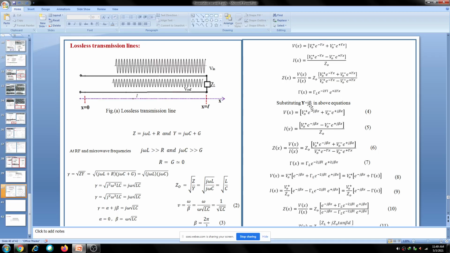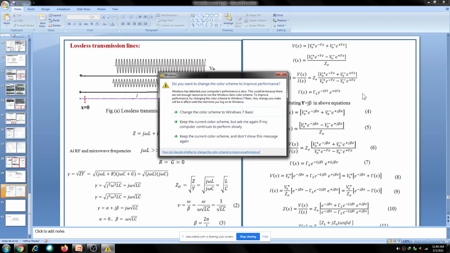For a lossless line, the expression for voltage at any point, which is a function of distance, is given by this equation. Gamma is replaced by j beta here. Similarly in the z of x equation, and also in the reflection coefficient equation. This is the general expression we derived for a lossy line.